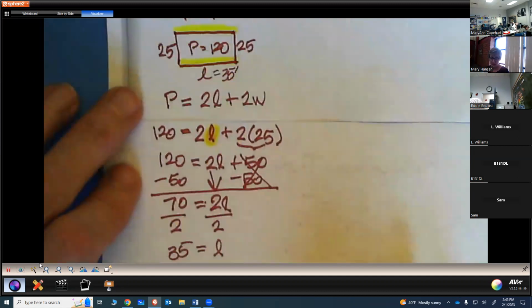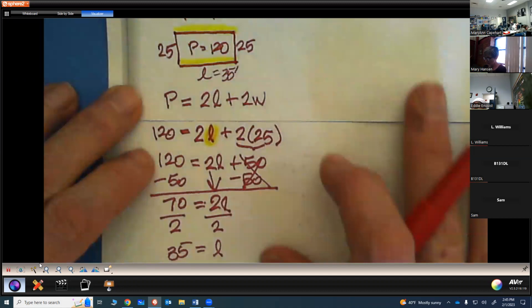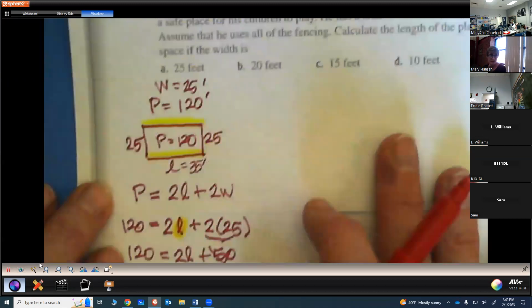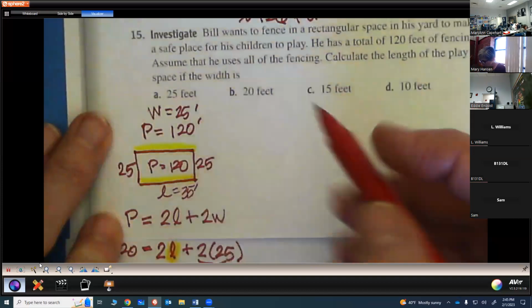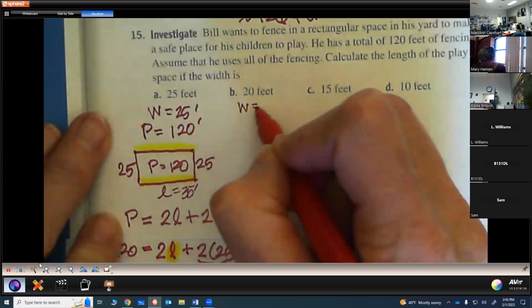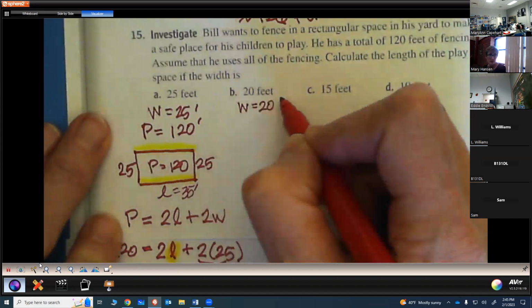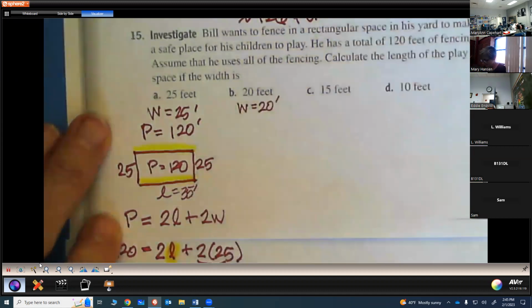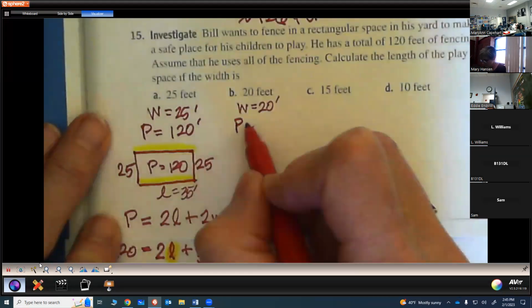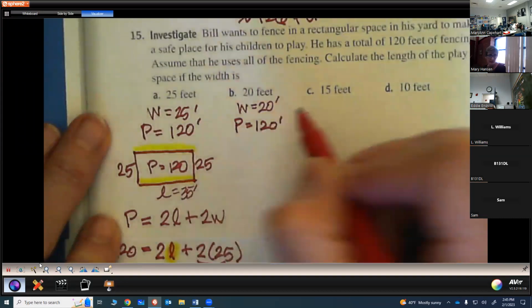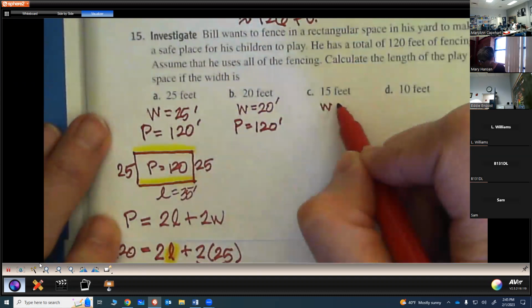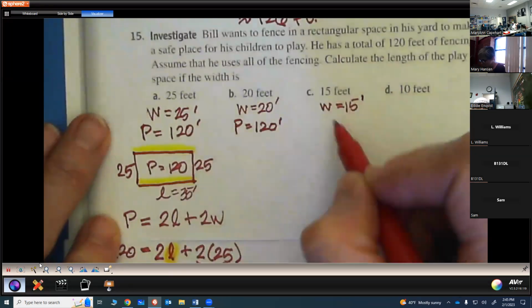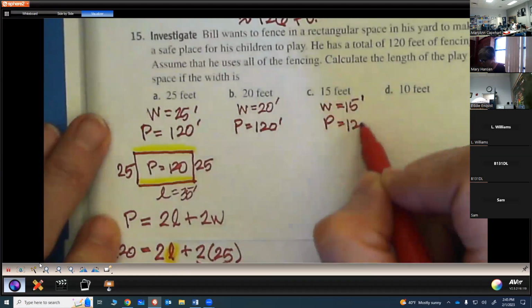Okay. So your job now is problems B, C, and D are the exact same problem, only this time he's only going to make it 20 feet wide. And remember, he has the same amount of fence. And C, he's going to make it 15 feet wide. And he has the same amount of fence.